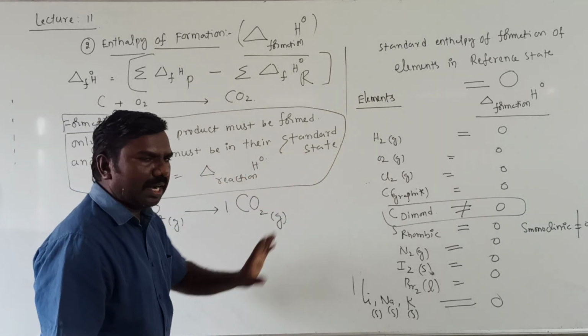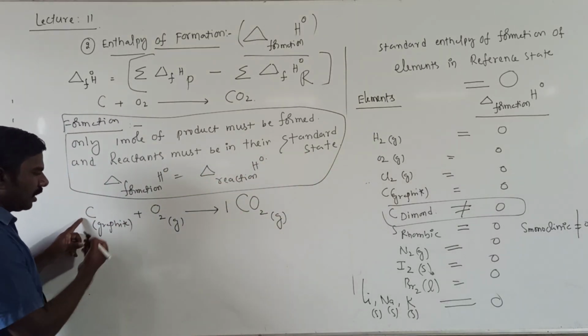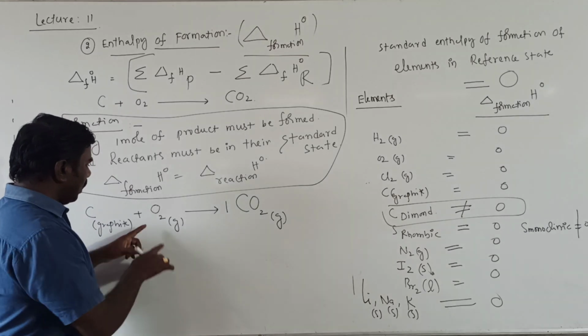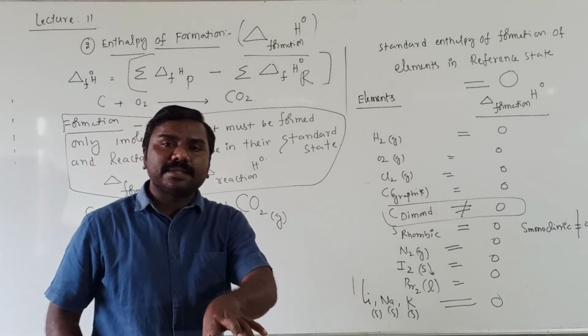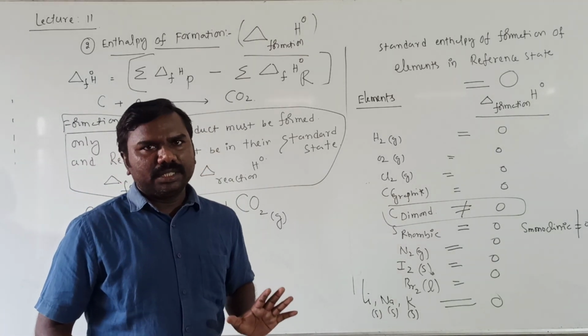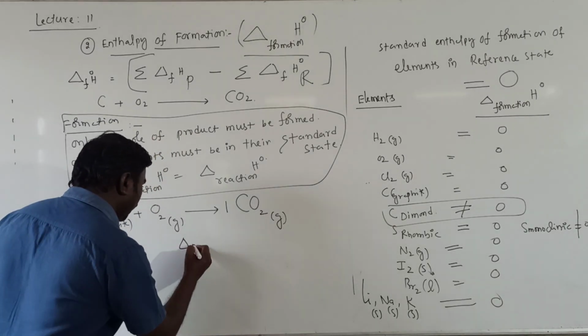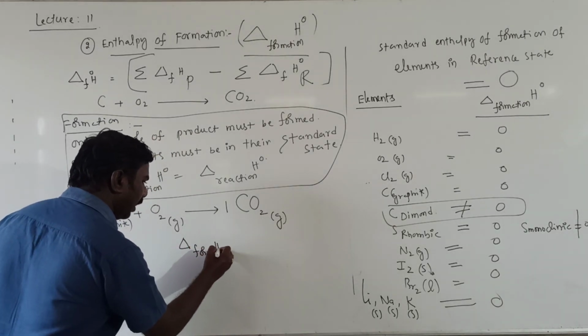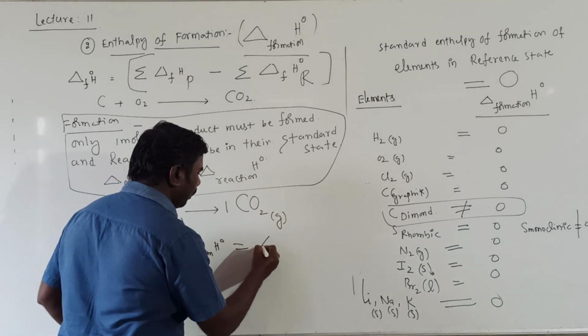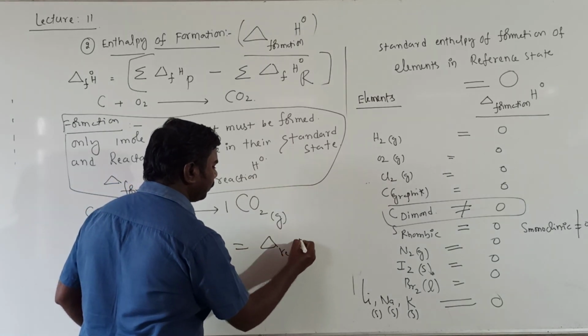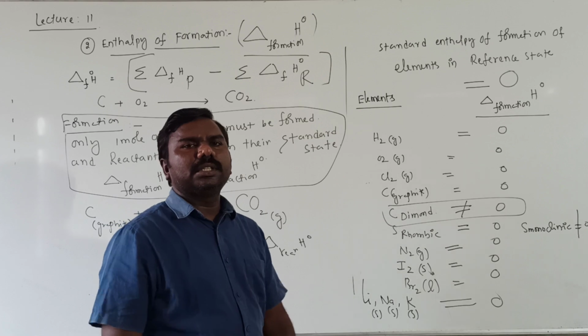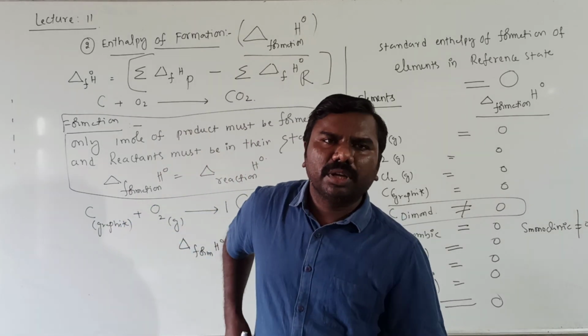Reactants must be in their standard state. Carbon in its standard state is graphite, the stable one. And oxygen is also O2 gas, that's why it is standard. It means it is enthalpy of formation, and this is also equal to enthalpy of reaction. Clear, students? Enthalpy of formation, enthalpy of reaction.